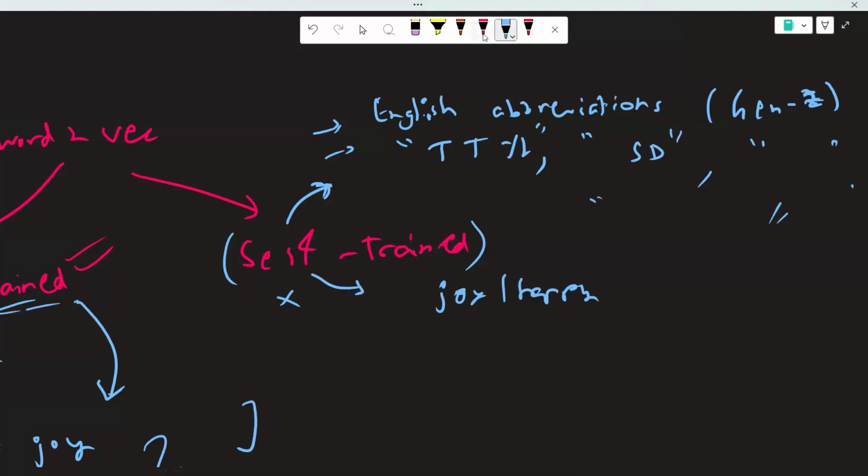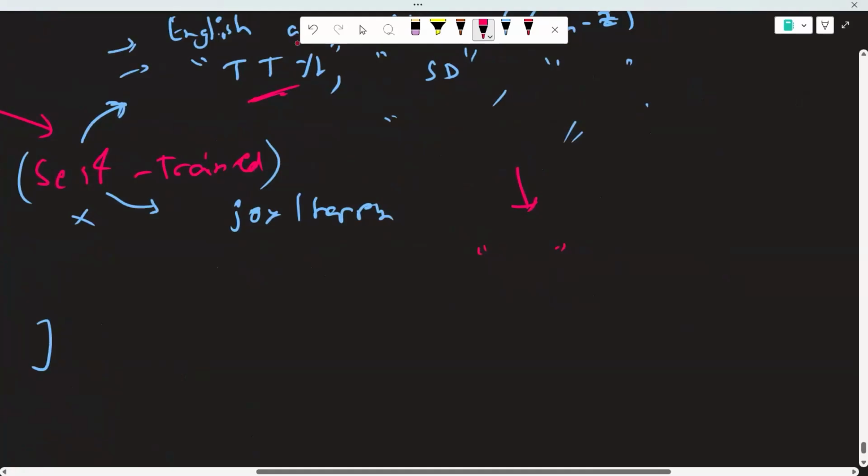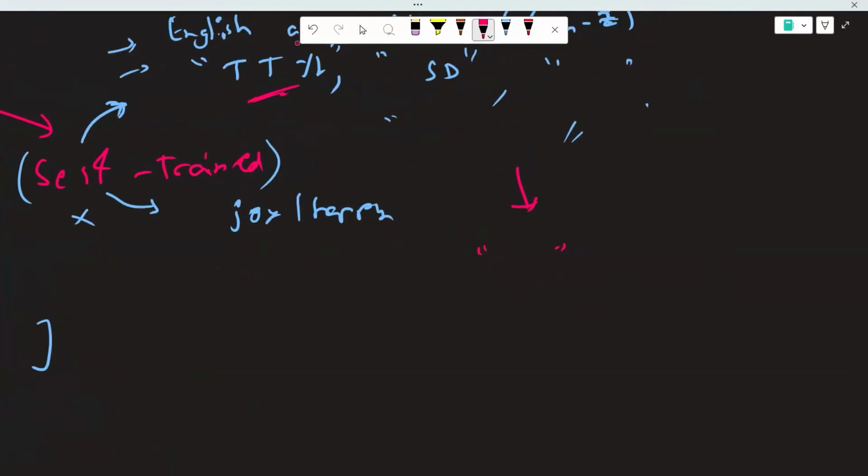In English, by default, this is a very simple example, but if you have a more detailed Gen Z example, that would not be present in the pre-trained model, because it's trained on common dictionary words. These are phrases which humans have created by themselves in their language, in conversation. It's not officially documented anywhere. Okay.